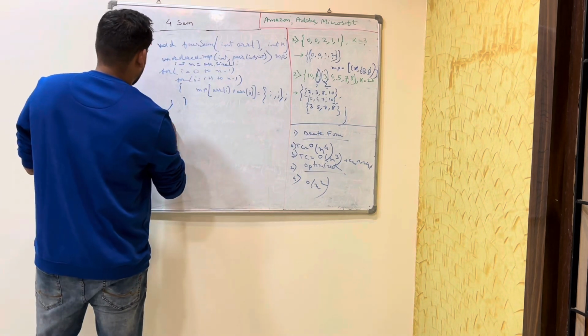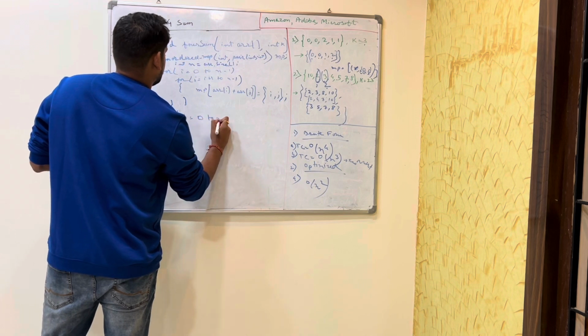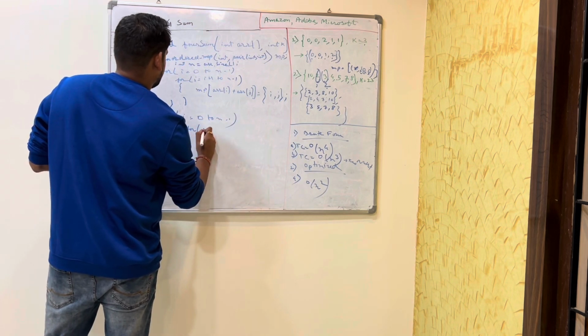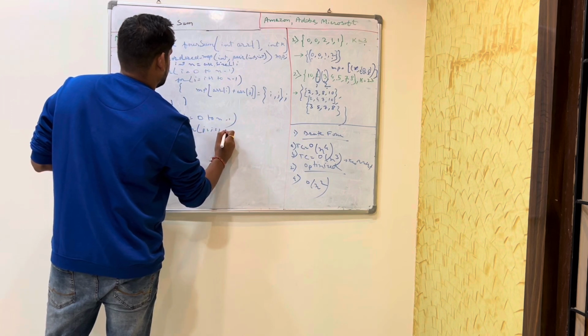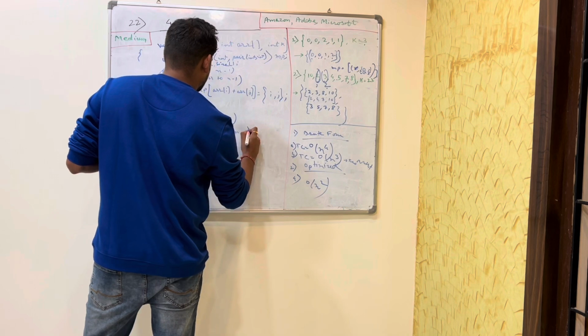Now we again repeat this thing for i equal to 0 to n minus 1, for j equal to i plus 1 to n minus 1.